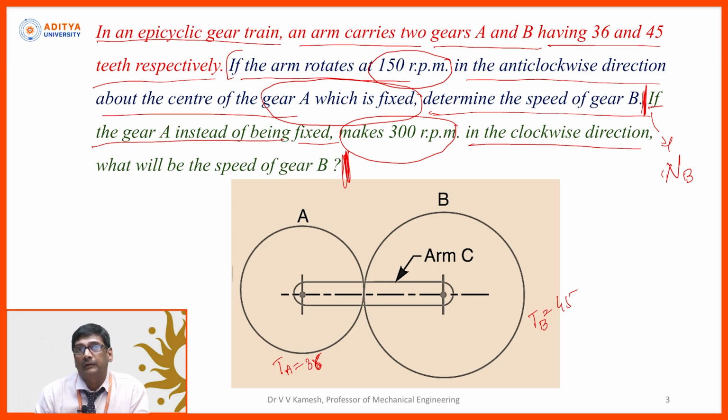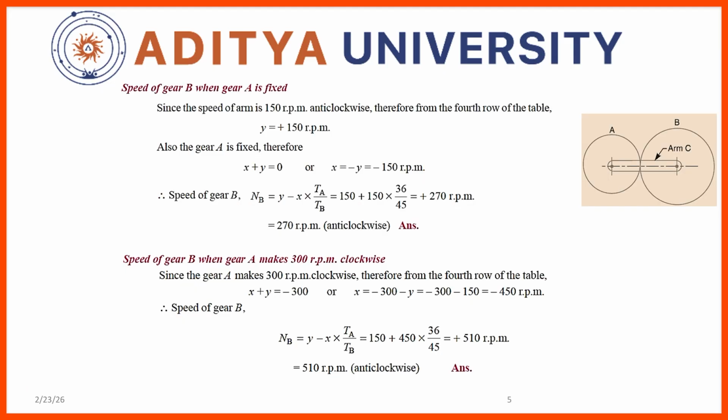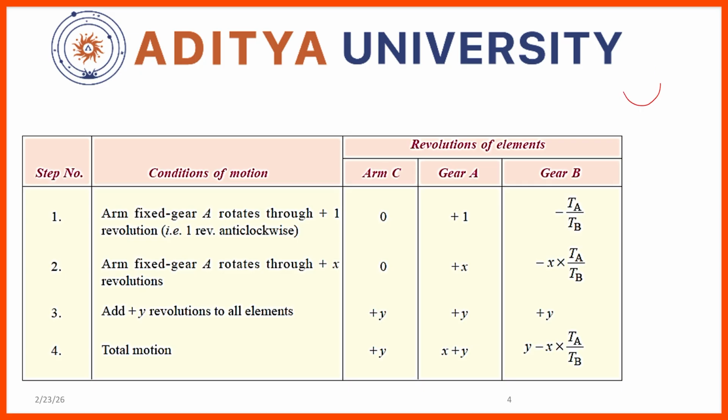How do you find? The easiest one is the table method. Now you can identify this. I will draw the diagram again. So this is A and this is B, and in between I am having the arm.